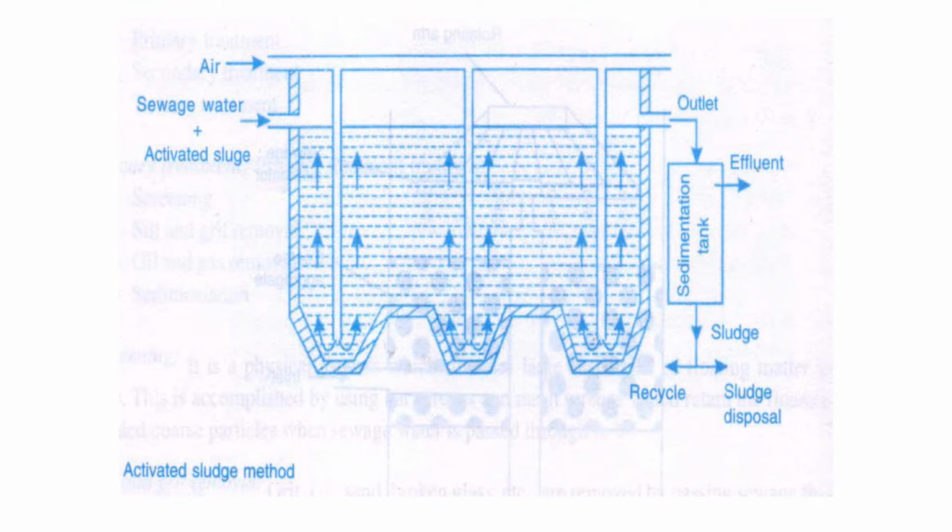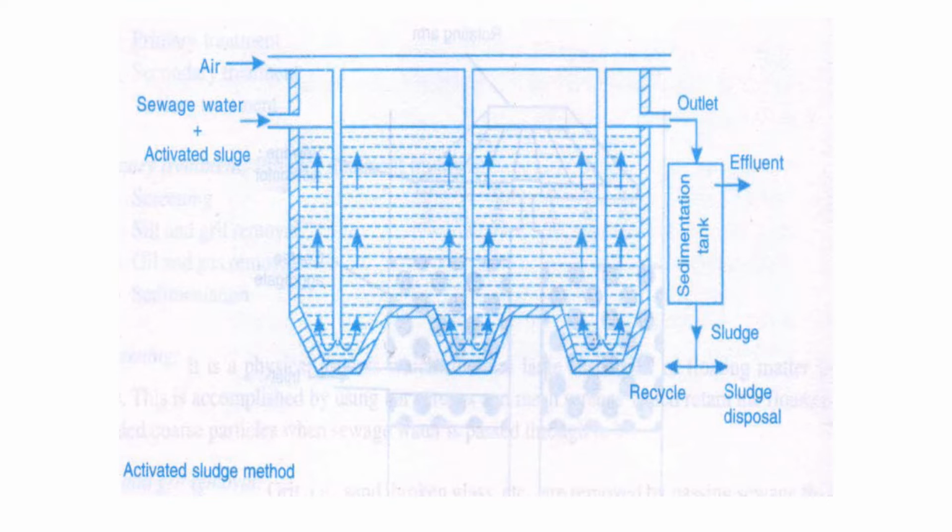Sludge means a slurry of mud. That itself is called sludge. You are now seeing the entire picture. This is a tank. In this tank, water is filled along with the sewage water. Now, activated sludge.